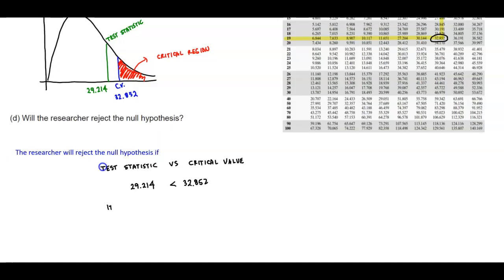So we can say the test statistic does not fall into the critical region, and therefore we do not reject the null hypothesis.